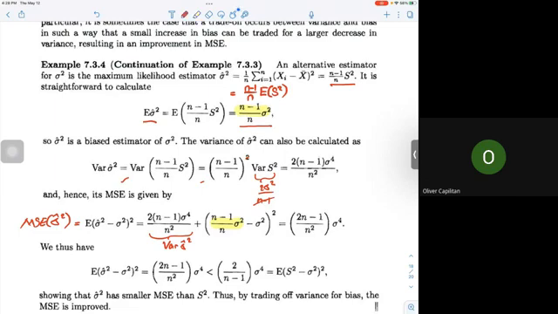And then simplifying, we have these results. It's easy, right? Simplifying, here the n part is just 1. So positive sigma square minus sigma square, that would be 0.